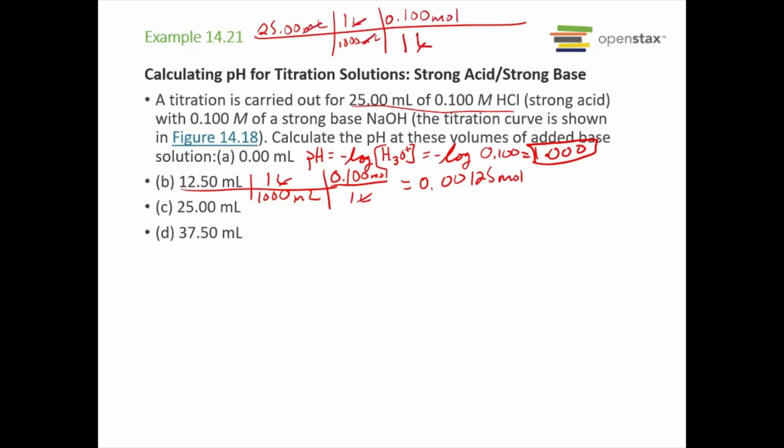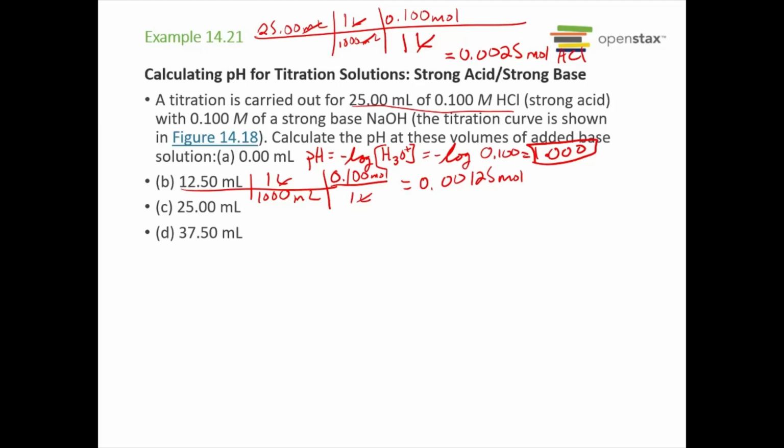So we see units cancel, and we have 0.0025 moles of HCl that we are titrating. So in letter B, we've used up all of our base. We haven't used enough to consume all the acid.